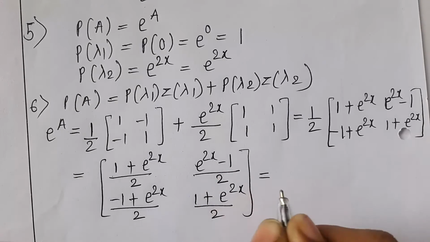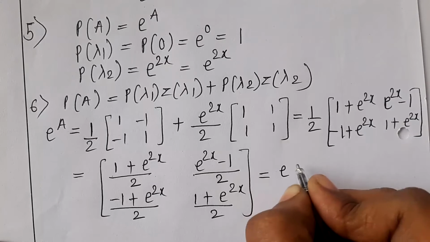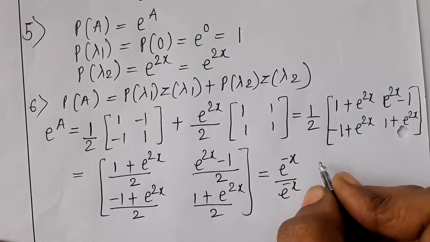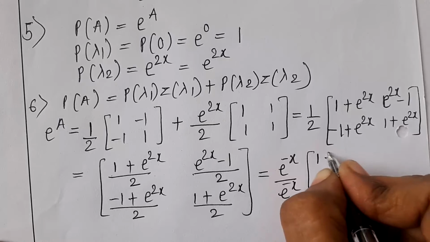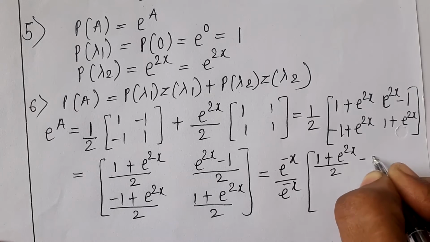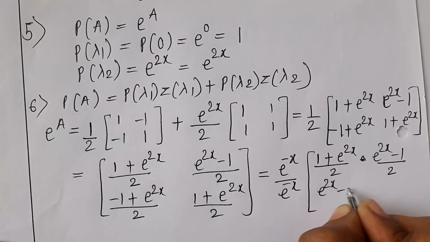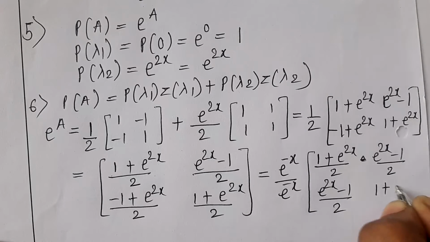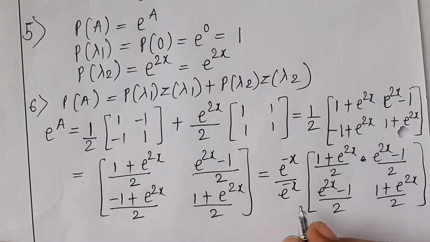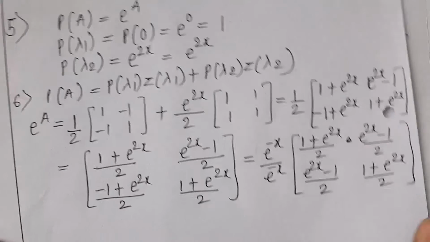But we want the answer in the form of cosh x, sinh x, sinh x, cosh x. So if we divide by e to the power x, that is multiply by e to the power minus x, see what happens. It is equal to 1 plus e to the power 2x by 2 as it is, then e to the power 2x minus 1 divided by 2, the next term is e to the power 2x minus 1 divided by 2, and 1 plus e to the power 2x divided by 2. Now we keep this 1 upon e to the power minus x as it is, and we shift the e to the power minus x inside the bracket.